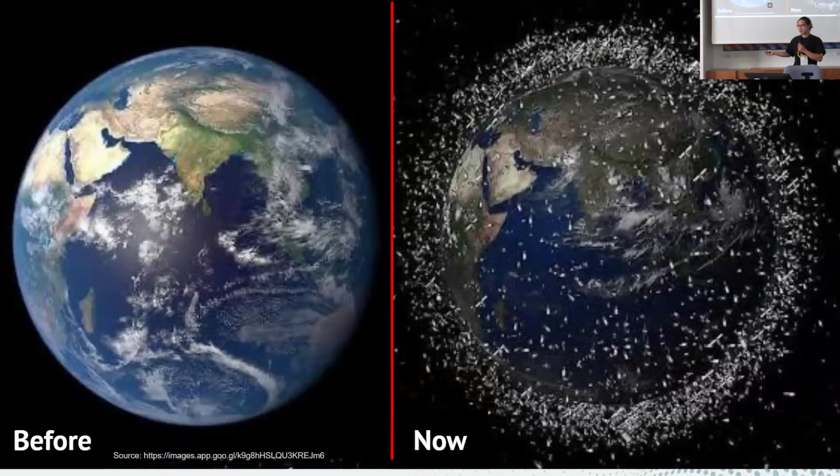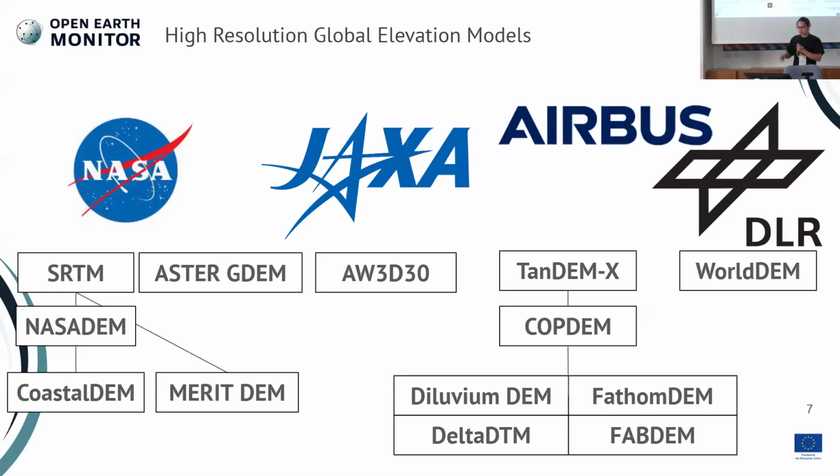For example, for soil mapping, you don't really focus only on soil mapping, but also have to master geomorphometry and geomorphology. Also, in digital elevation models, tons of products have been collected and published. For example, from the early age of the SRTM, the NASA team also has the ASTER GDEM and NASADEM, and derived products like coastal DEM and MERIT DEM. From JAXA, they have AW3D30, also a digital elevation model.